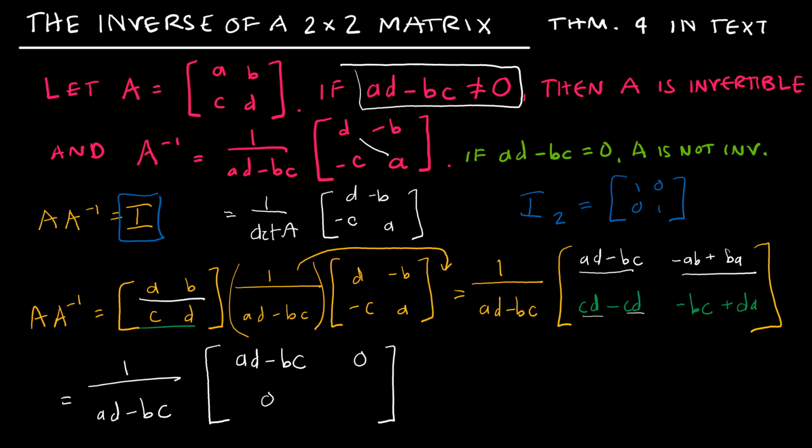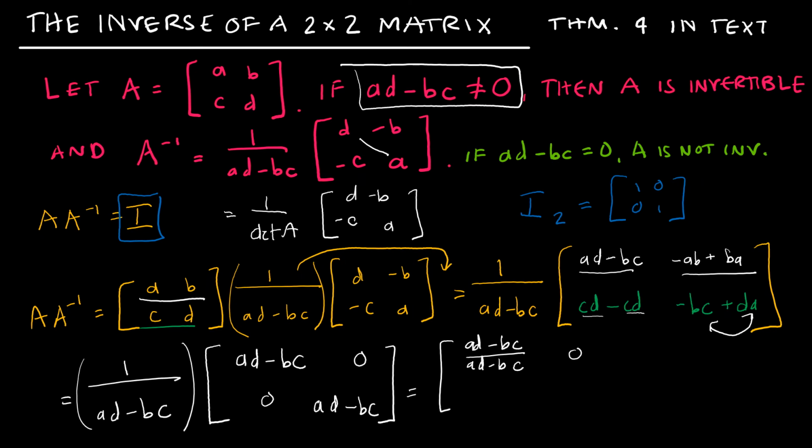And then I'm just going to change the order here. I'm going to put AD first. So AD minus BC. And we can see now, if I take each term multiplied by my scalar, I'm going to end up with AD minus BC over AD minus BC.